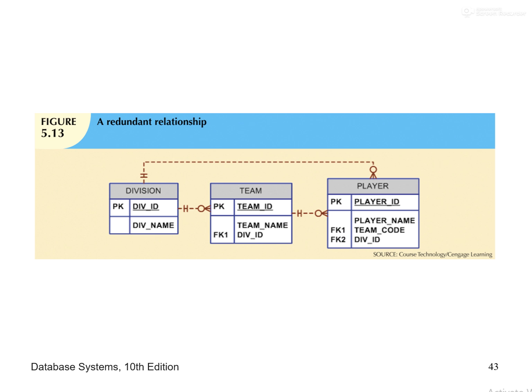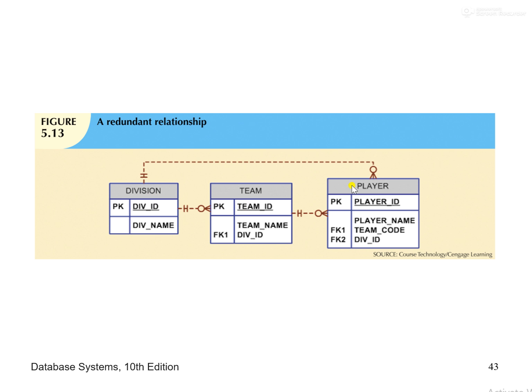But we can get this answer directly if we have a new relationship between player and division, then we can easily answer which player belongs to which division. But we can also get the answer to the same question through team, by finding out which player belongs to which team and which team belongs to which division.